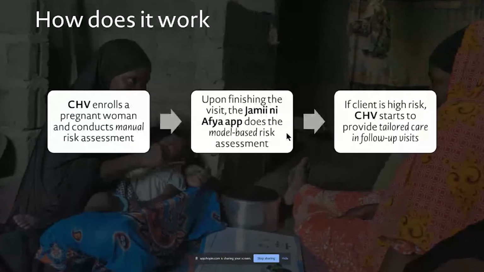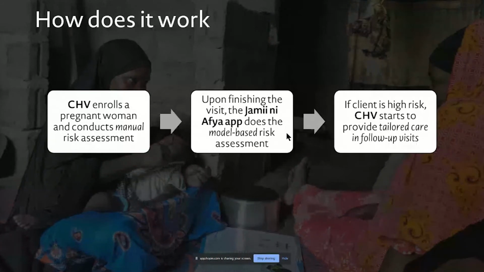So how does it work in practice? I mentioned that we are leveraging our digital community health program, where CHVs use an app as a job aid and as a work planning tool. So CHVs identify pregnant women in their community and then enroll them using a digital app, conducting a manual risk assessment, and that manual risk assessment collects data points that are important for the machine learning model.